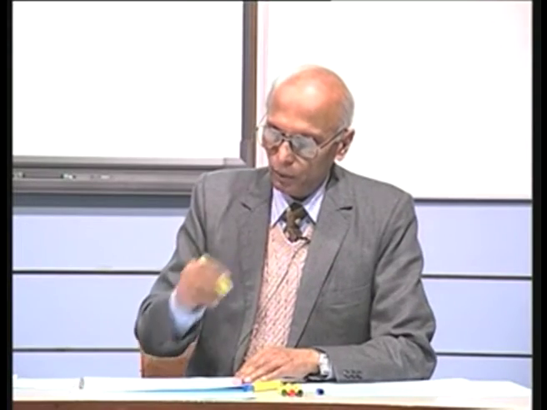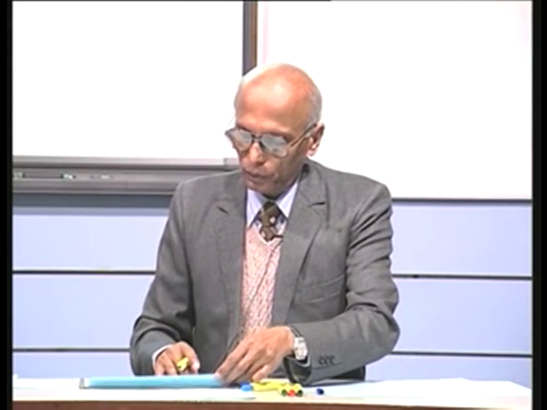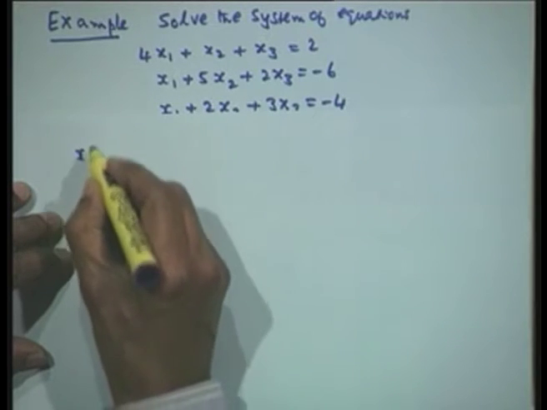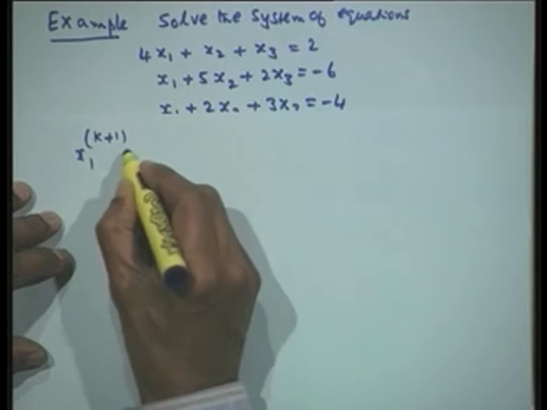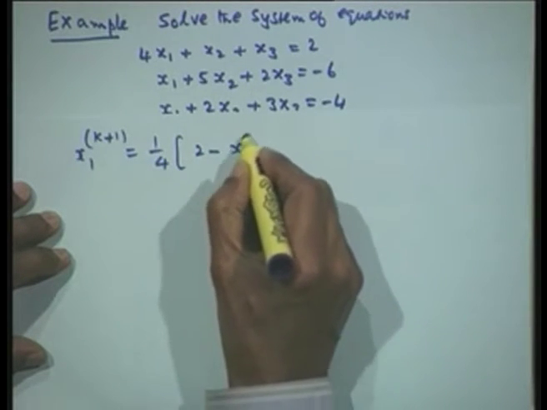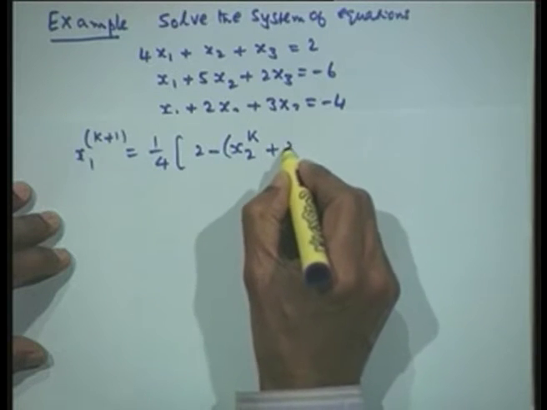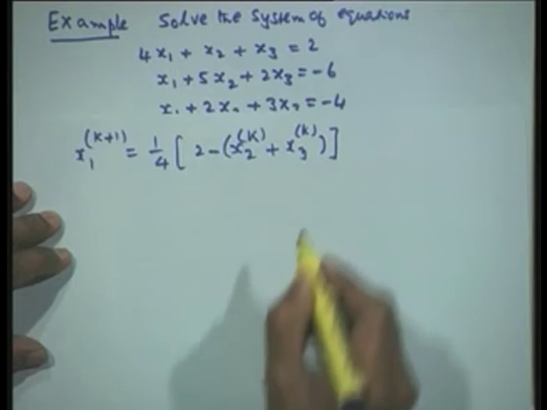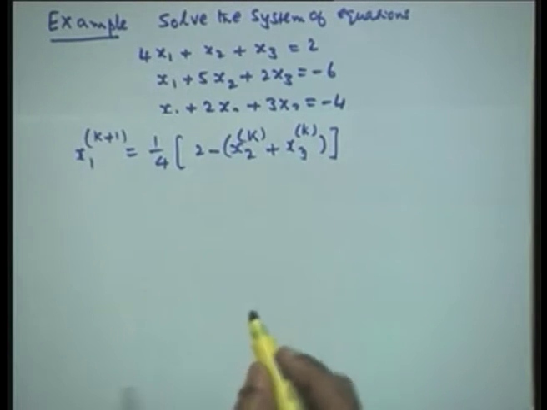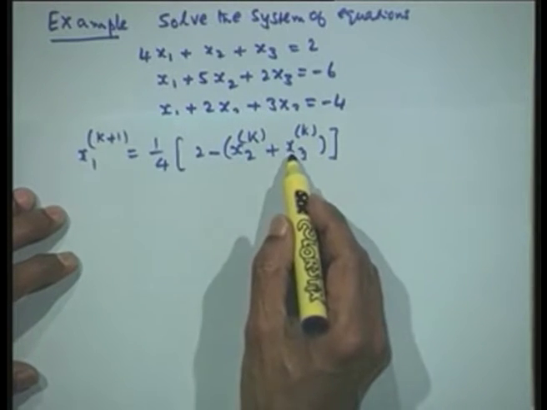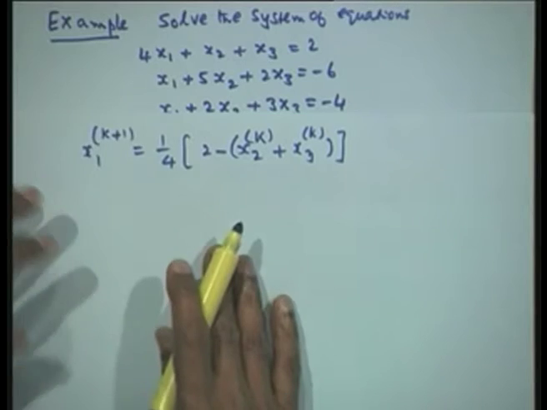Now, in the Gauss Jacobi we take the 2 variables to the right hand side and write x1 k plus 1 is 1 upon 4 of 2 minus x2 k plus x3 k. x2 and x3 are taken to the right hand side, the previous iterate, and on the left hand side we have the current iterate.